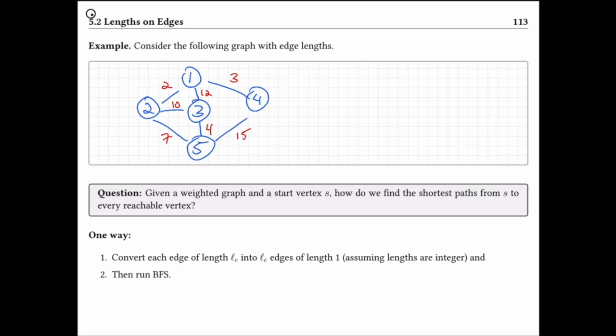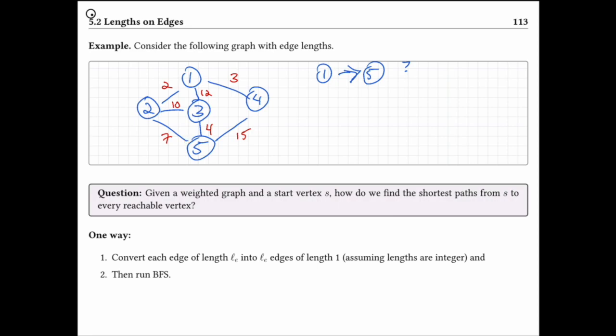Right, so the shortest path in this graph. Let's say we want to go from 1 to 5. What's the distance? There are lots of different ways to go from 1 to 5, but the shortest path, given the weights of the edges, is via 2.